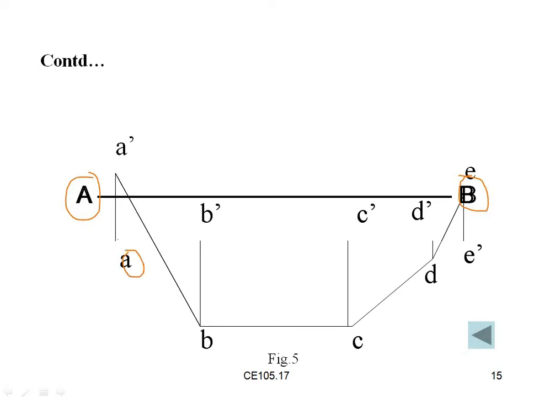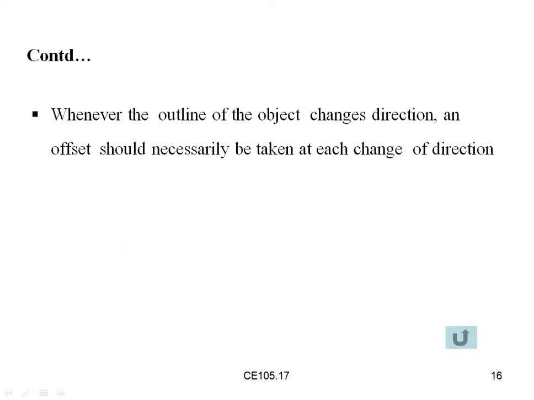Small a is a point taken from the offset, and it is measured to a dash. From here the other point b is taken to b dash. Like this, we take the points c c dash, d d dash, and e e dash. Whenever the outline of the object changes direction, an offset should necessarily be taken at each change of direction.